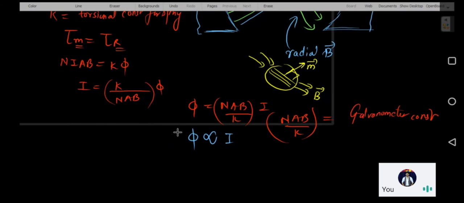If the current is increased, the deflection will be increased; if the current is decreased, the deflection will be decreased. That is why we put a linear scale over there.